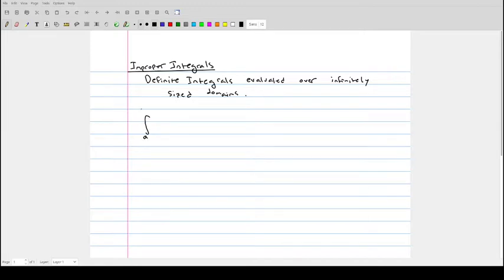The definite integral from a to b of some function f of x with respect to x, we call this the definite integral of the function f of x over the interval from a to b.